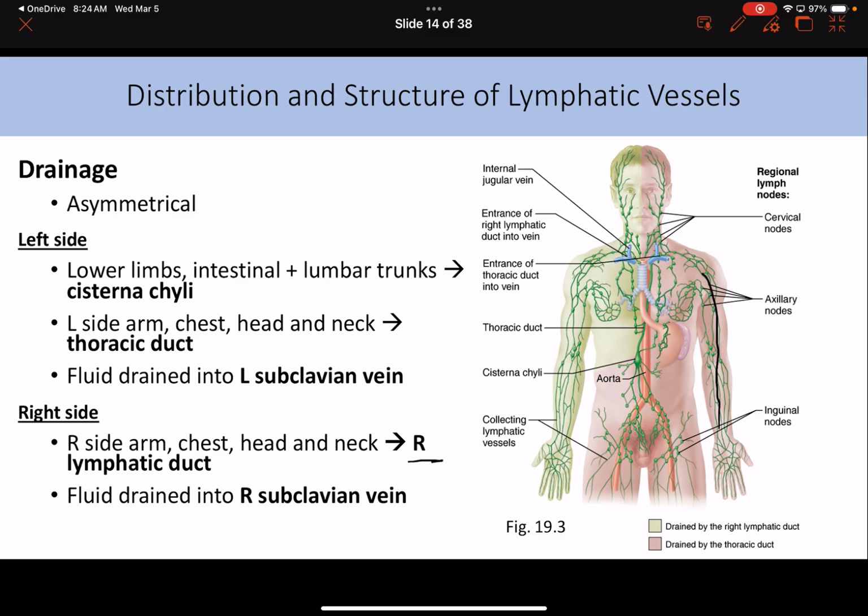Its duct is the right lymphatic duct, and then from there into the right subclavian vein. So the thoracic duct for the left side, the right lymphatic duct for the right side.